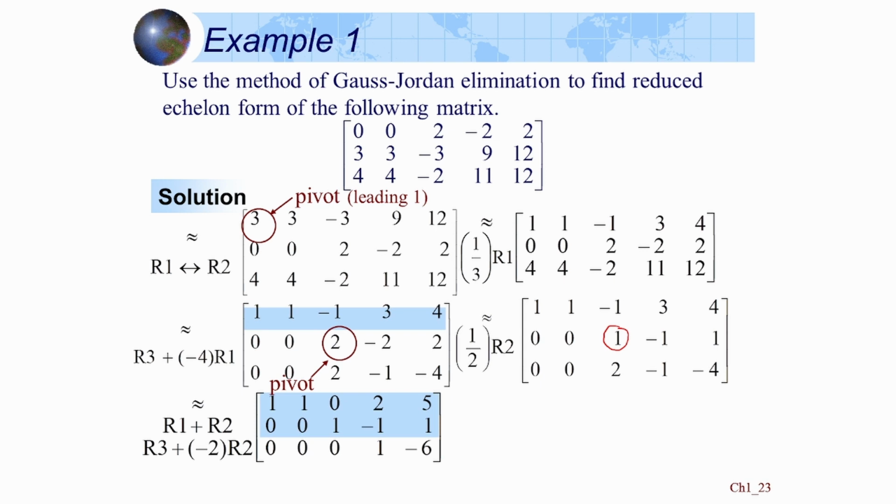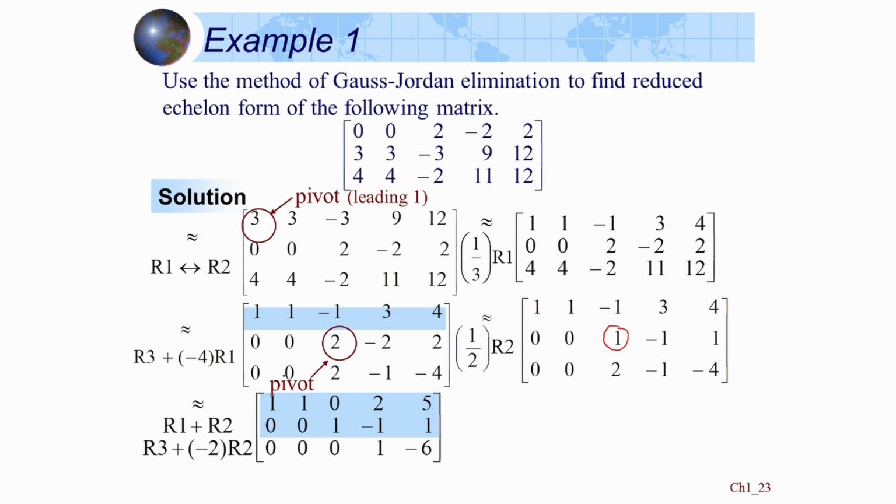But if I look at the leading element of the third row, 1, you see the other elements in its column are 2 and minus 1. We need to annihilate them. We need to change this 2 and minus 1 to 0. Okay? And how to do that?